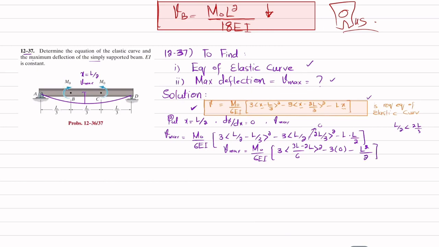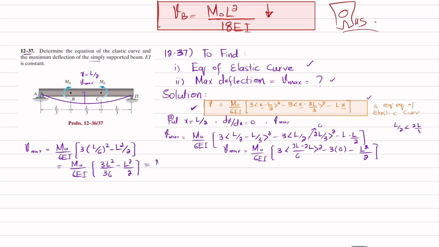Okay, so we will get Vmax equal to m naught over 6 EI into 3 times L by 6 whole square minus L square over 2. So you will get m naught over 6 EI into 3L square over 36 minus L square by 2.